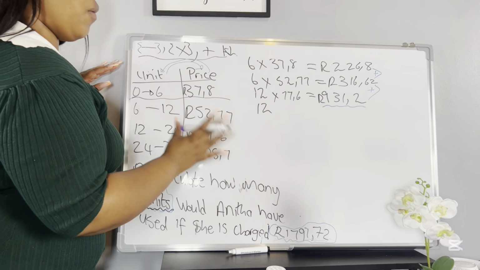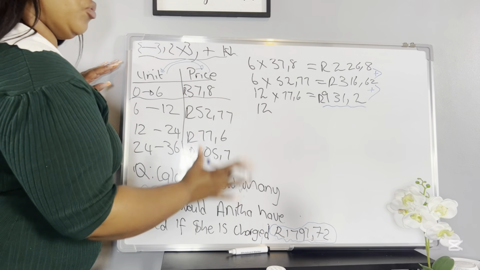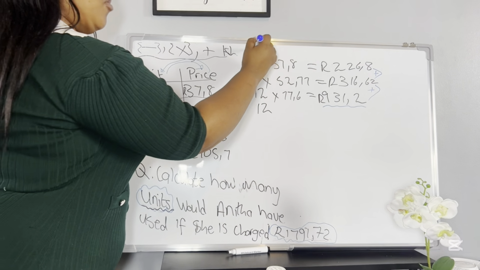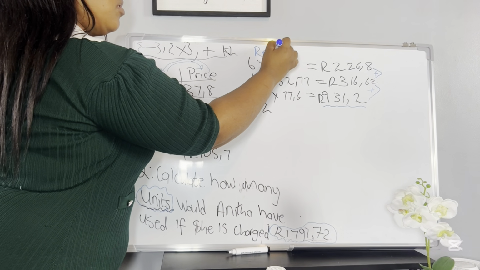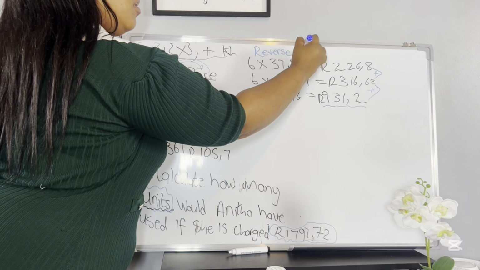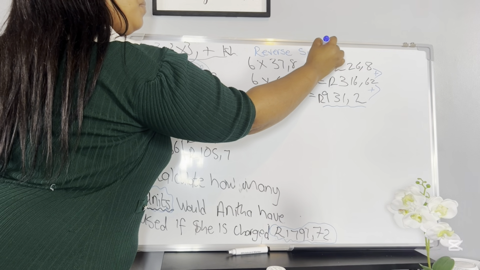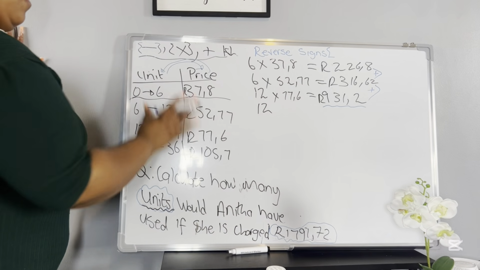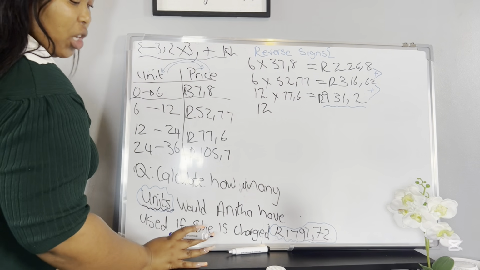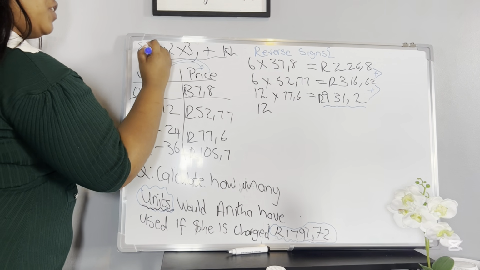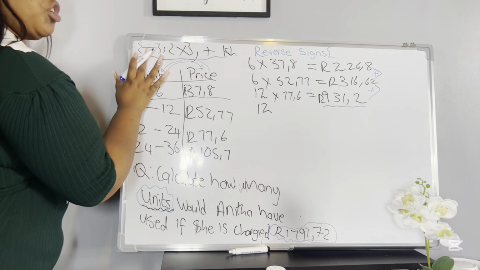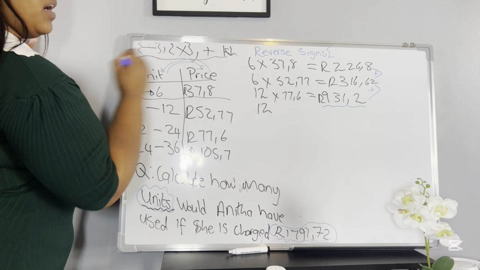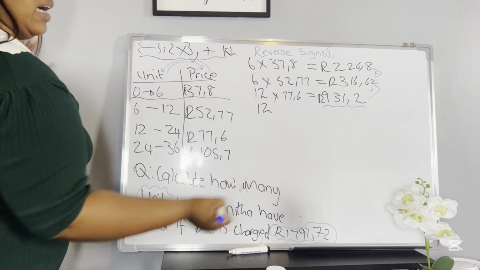The one thing that you need to remember when you are doing a complex question is that you reverse your signs. Which signs are we talking about? Remember, when we were doing a simple question, our steps were to first subtract, where you check the difference, multiply with the prices, and then add your final answers.